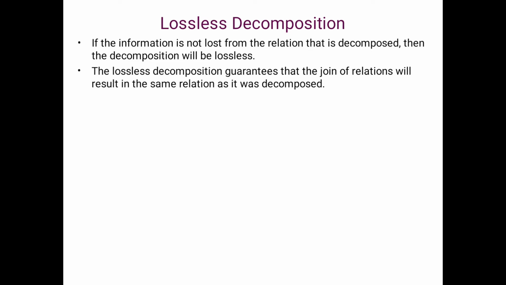Lossless decomposition guarantees that the join of the relations will result in the same relation as it was before decomposition. Depending on the situation, we convert the larger table into smaller tables, that is the decomposition. In another situation we want to join, and in that situation we will match those smaller tables.